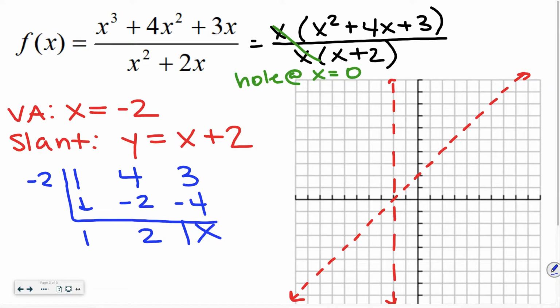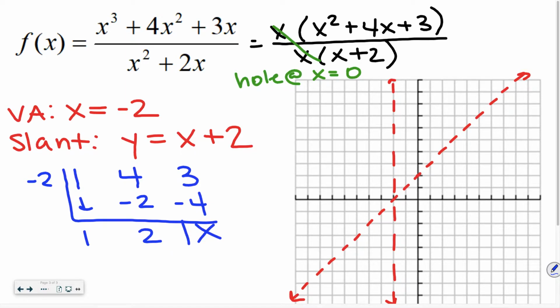Okay. Gabe, to the right of our vertical asymptote, what two coordinates should we pick? -1 and 0. Are we plugging into the simplified or the original? Always go into the simplified, okay? So if we plug in -1, we would get 1 minus 4 plus 3 over -1 plus 2.